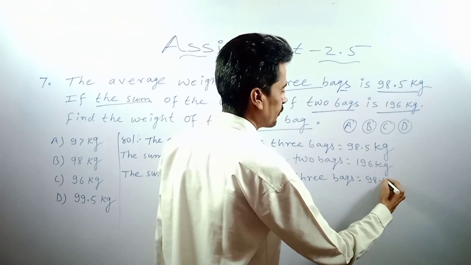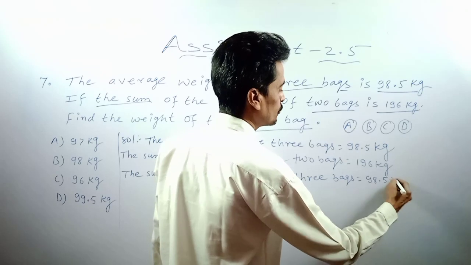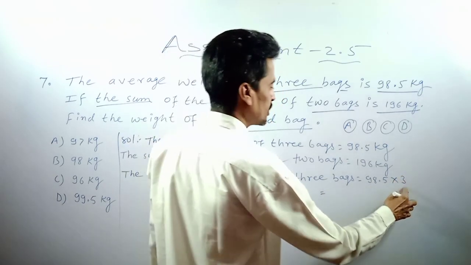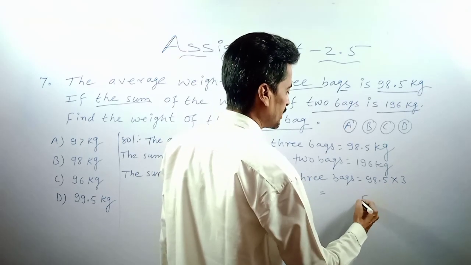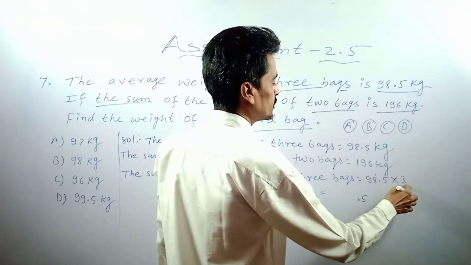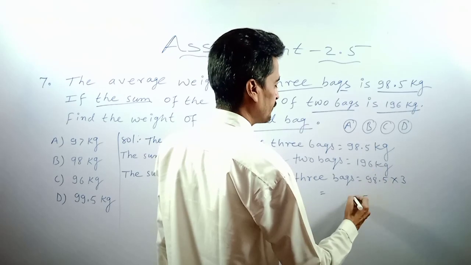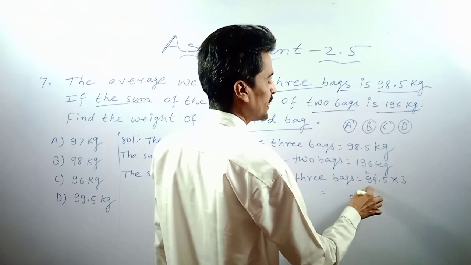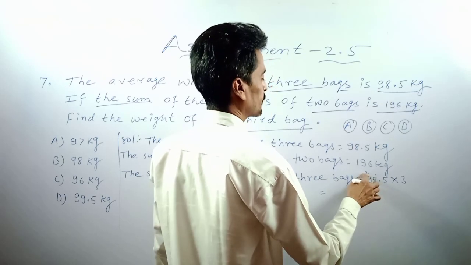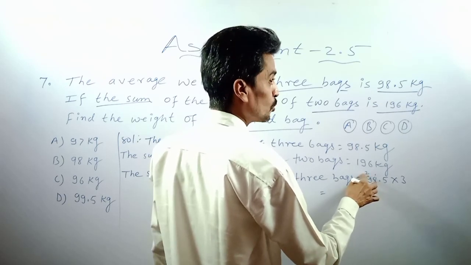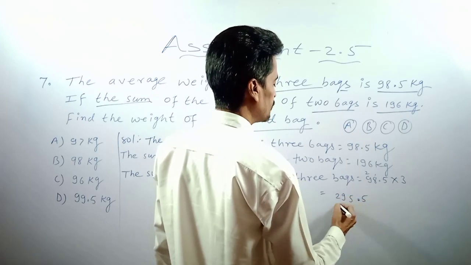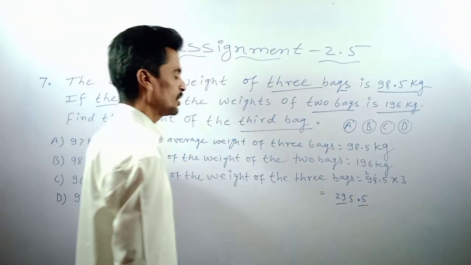That is the formula. Average 98.5 into total 3 bags. So multiplication: 3 5s are 15, is 5 carry 1, 3 8s are 24 and 1 is 25, is 5 carry 2, 3 9s are 27 and 2, 29. So it is the sum of the weight of the 3 bags.